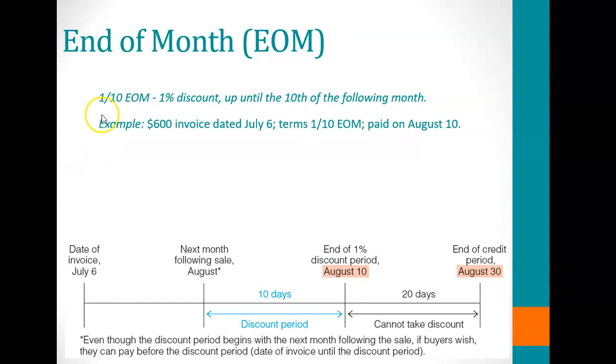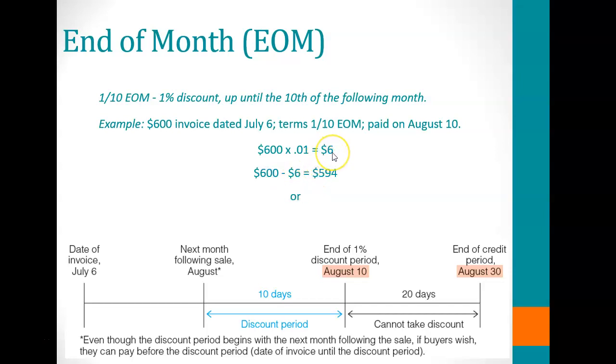Well, remember 1/10 EOM, they're saying as long as you pay by the 10th of the following month, you will receive the actual discount. And because we paid on August 10th, this client will receive the discount of 1%. So you would take 600 times 1%.